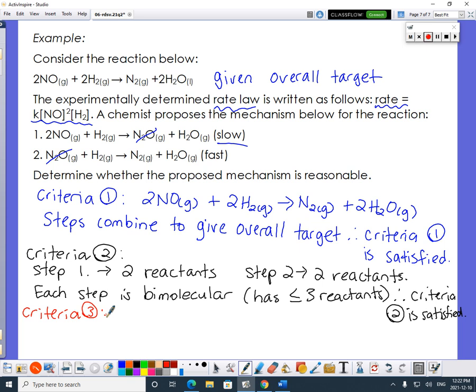Okay, and then criteria 3, we have to use the slow step. And again, it's not even going to make you decide 5 minutes, 10 minutes, 20 minutes. No, it's going to say slow. And because we are only given the mechanism, we can't do the chart way. We can just use the slow step, use the coefficients to write a rate law. So we have NO. What should its exponent be? 2.